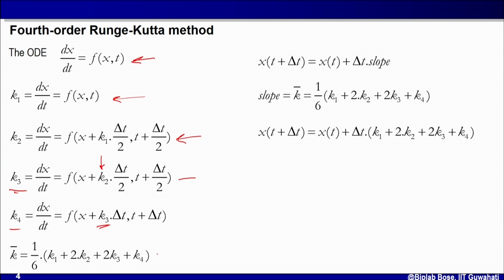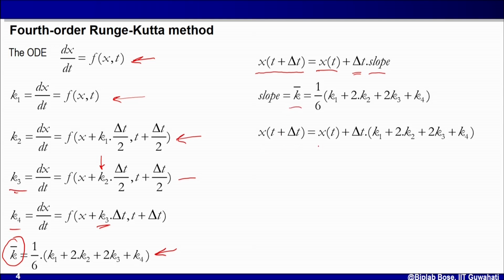Then I make a weighted average of these four slopes k1, k2, k3 and k4 to get a mean value of k, that is k bar. In general, as we have learned in case of Euler's method, x at a new time point, that is x at t plus delta t, is equal to x at the older time point, that is x at time t, plus the increment in time delta t into slope. Here we will use the average slope k bar.